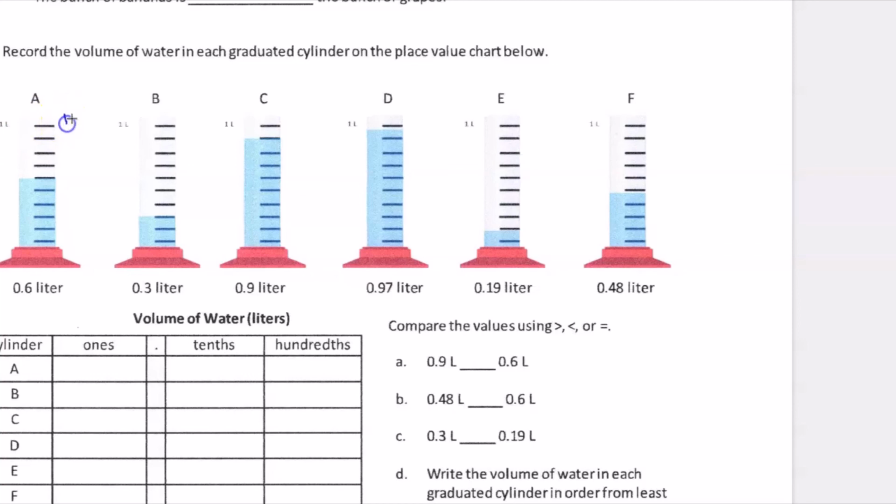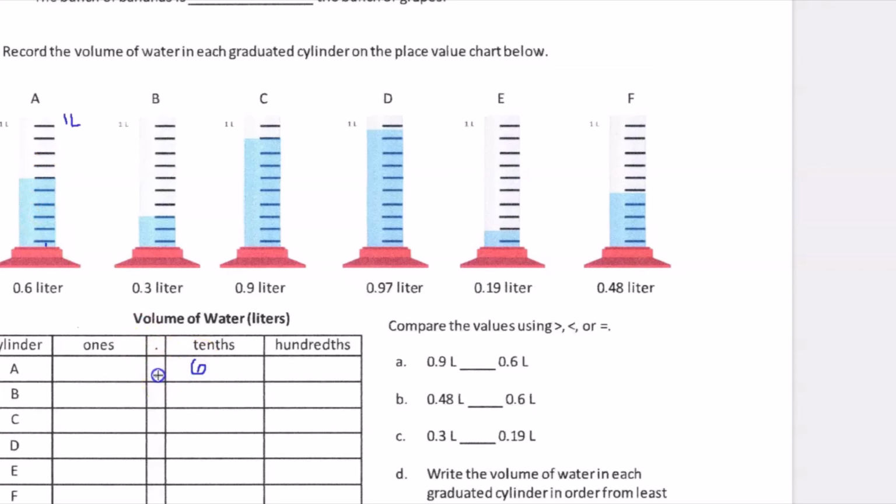Let me write that here. 1 liter. That's really tiny for you guys to see. I can barely see it myself, but there should be 10 tenths in between, and you want to count how many you see. So I see 1, 2, 3, 4, 5, 6. So cylinder A is 6 tenths.